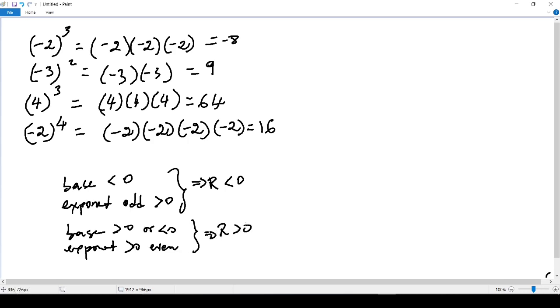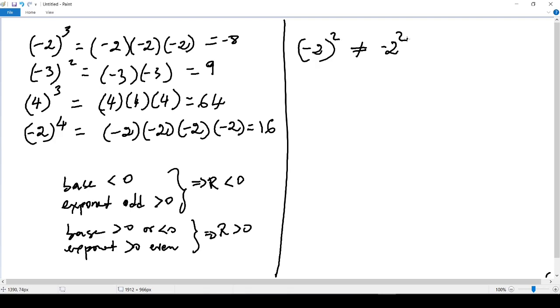It is important to always recall that parentheses play an essential role when it comes to power of signed numbers. For example, when I write negative 2 squared without parentheses, this will be different from negative 2 in parentheses squared.